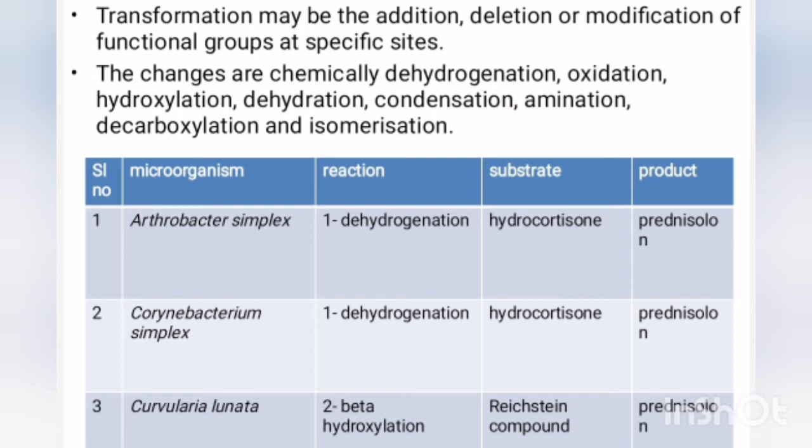And the third example, Curvularia lunata can convert Reichstein compound to prednisolone by 2-beta hydroxylation reaction. So these are some of the examples for the biotransformation.